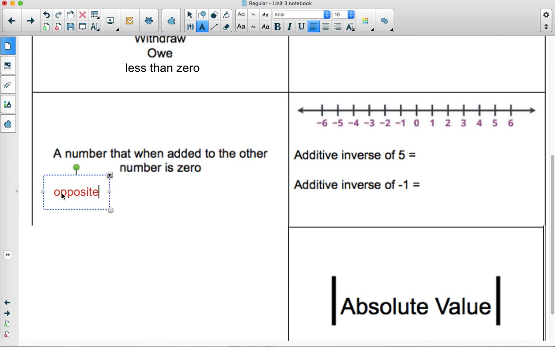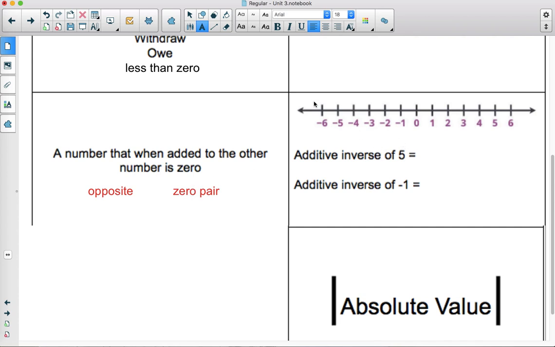So these are opposite numbers. We can also put in here zero pair. These are called zero pairs as well. So these are just different ways that we can use to explain additive inverse: opposites, or zero pair.